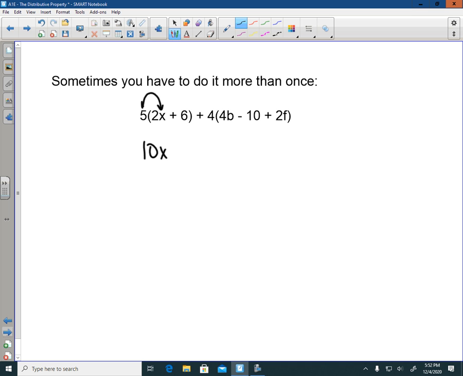And then we'll take this same 5 and multiply it by 6, plus 30. And now we've gotten rid of the parentheses on that part. Now we get rid of the parentheses on the next part. We take this 4 and we multiply it by 4b, and we have positive 16b. And then this 4 gets multiplied by negative 10. Positive 4 times negative 10 is negative 40. And then positive 4 times positive 2f is positive 8f.